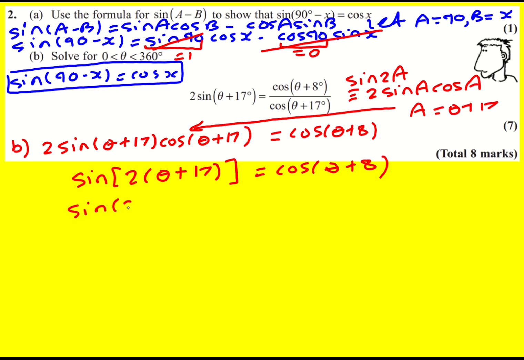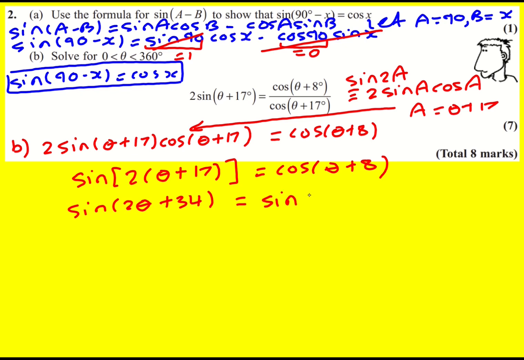And therefore sine of 2 theta plus 34 will equal this cos expression, but that's not that easy to solve. What we need to do is use part A to help us. I've got cos(theta plus 8), so I can replace x by theta plus 8.